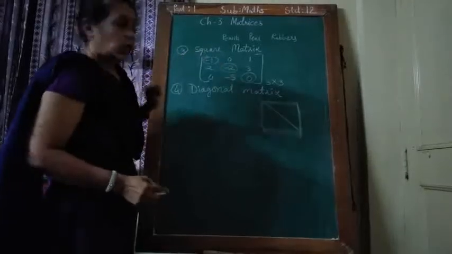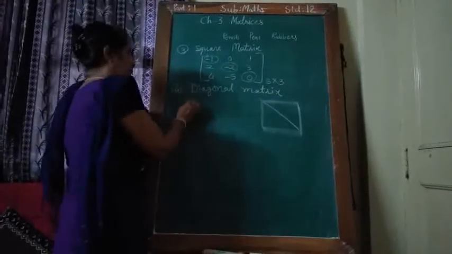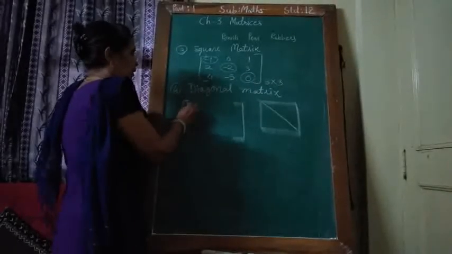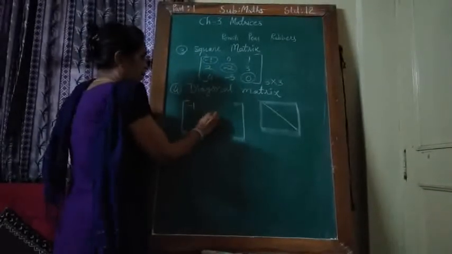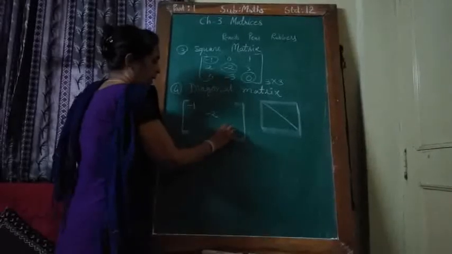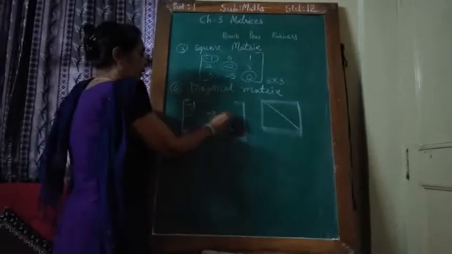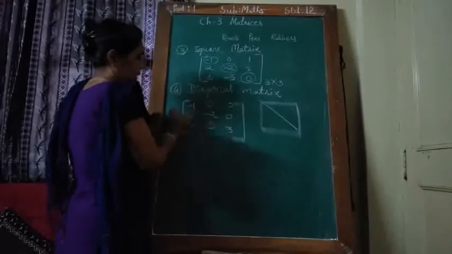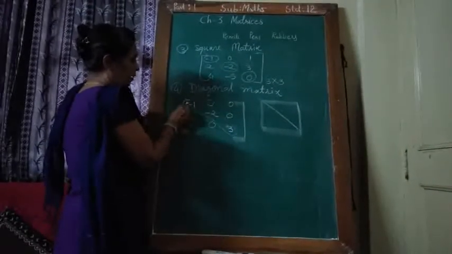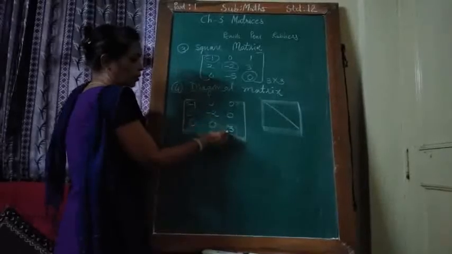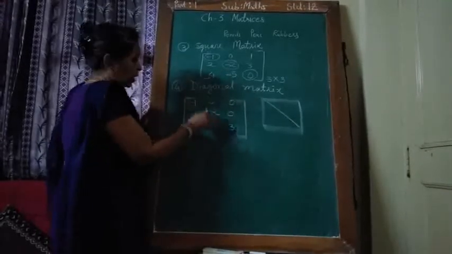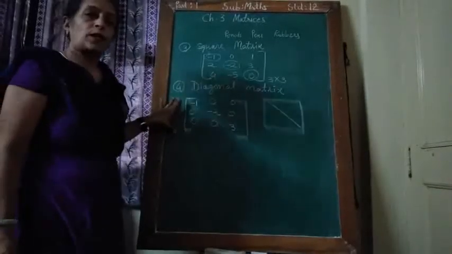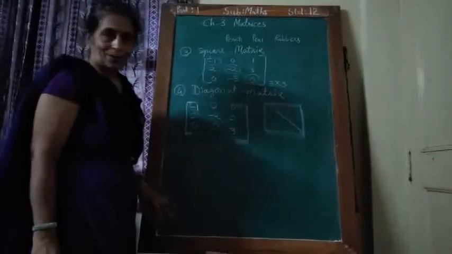See, so in a diagonal matrix what happens? It is a square matrix and one more thing: the principal diagonal has some elements other than 0, and the remaining elements must be 0. See, the principal diagonal has elements minus 1, minus 2, 3 other than 0, and the remaining elements are all 0. Then this matrix is called a diagonal matrix.